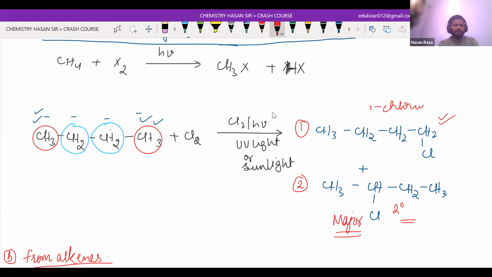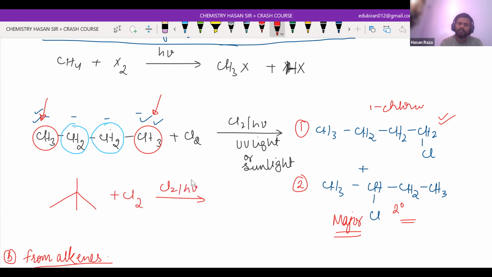Is that clear? Is there any other product you want to draw from here? No, it cannot be. If I replace hydrogen from here or from here, it will be the same, 1-chlorobutane. So the product will be only two. Is that clear? Can anyone tell me how many products you will get from this reaction?